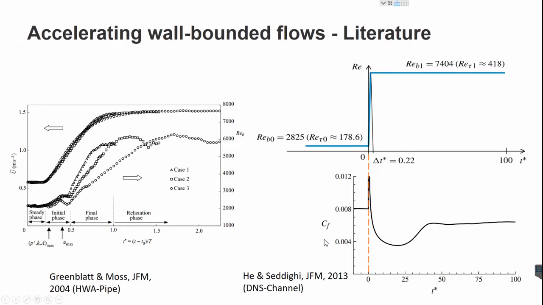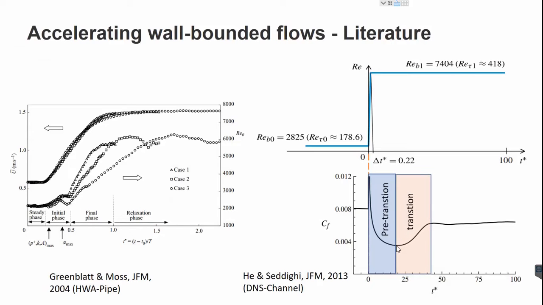And according to their research, they determined that there are 2 unsteady phases based on the response of the skin friction coefficient and other flow statistics. And these stages are called pre-transition, which happens when the skin friction coefficient has a very dramatic decay, and the pre-transition finishes close to the minimum attained by the skin friction coefficient.